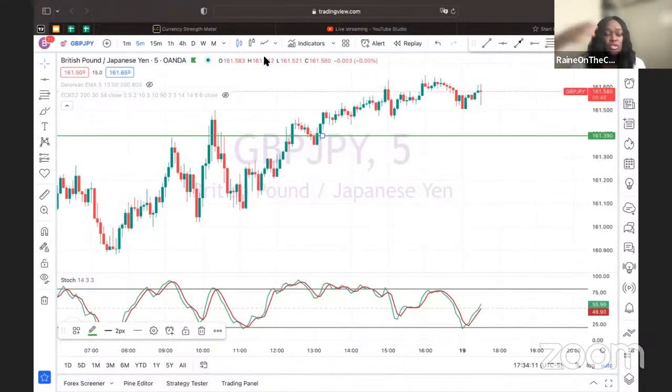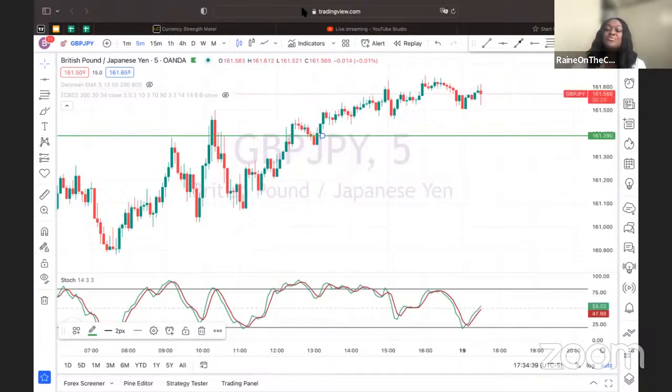if you trade Tuesday, Wednesday, Thursday, and your goal is to get 20 pips per day, that's 60 pips for the week. If you get 60 pips per week for 4 weeks, that's 240 pips for the month. You can do big things with that.